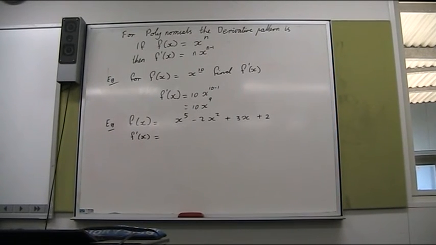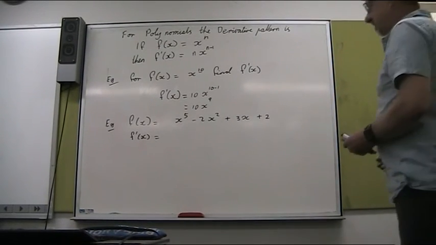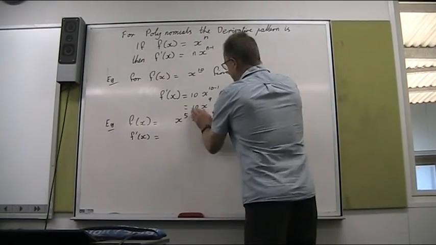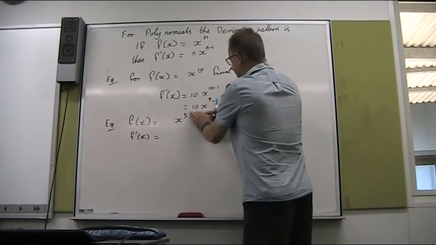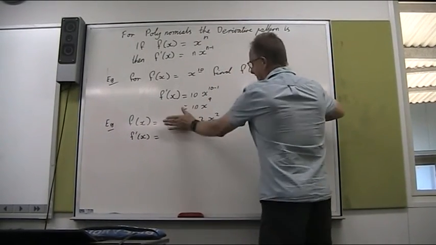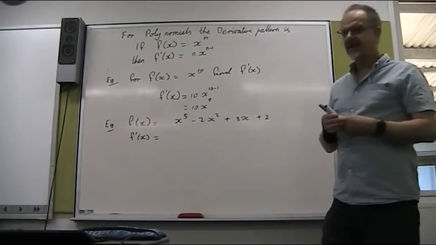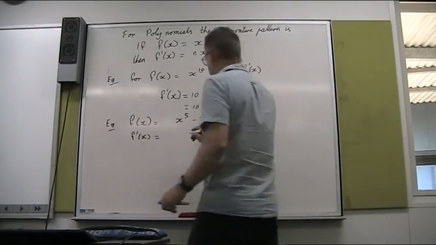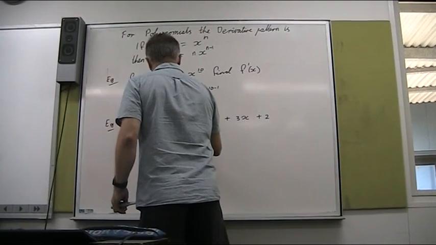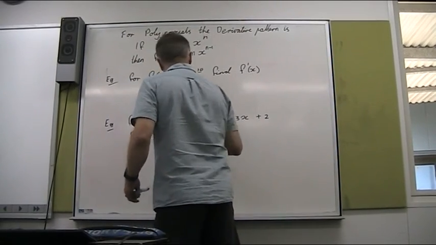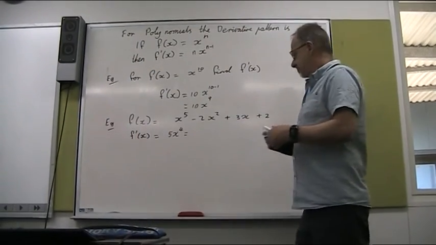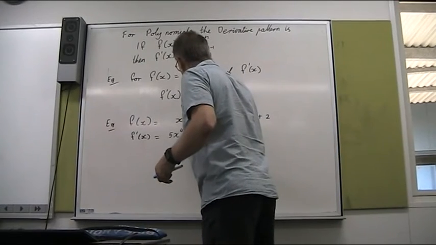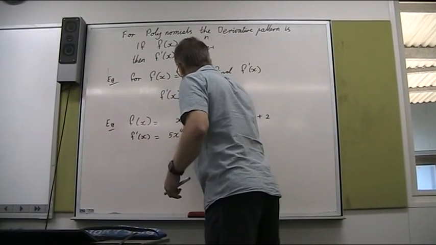All right, so if we've got something with a number of terms, what we do is we look at each term individually. So the x to the 5 part, what would that become? 5x to the 4. Whoops, not equals, minus.